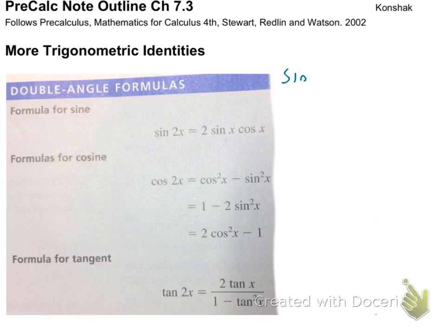If I had sine of 2x, what's another way of writing sine of 2x? Not sine over cosine, that's not sine, that'd be tangent. Wouldn't you guys agree that that would just be sine of x plus x? And do you guys know the addition formula for sine?